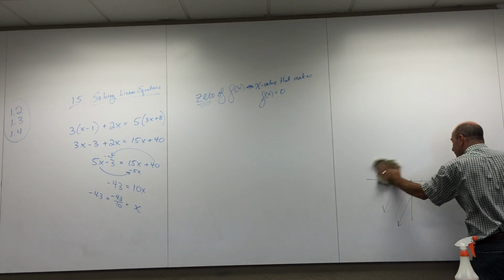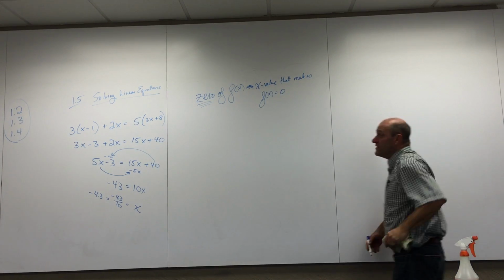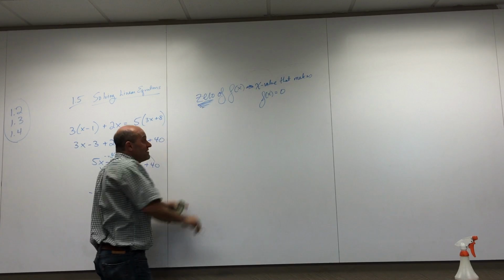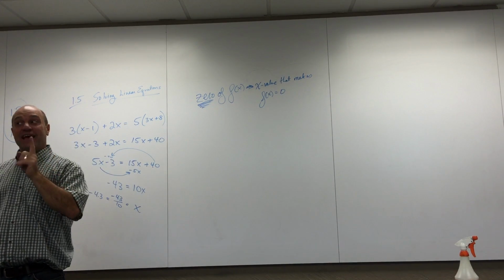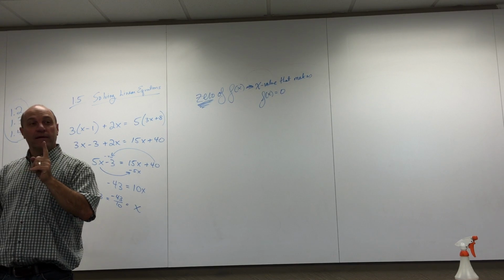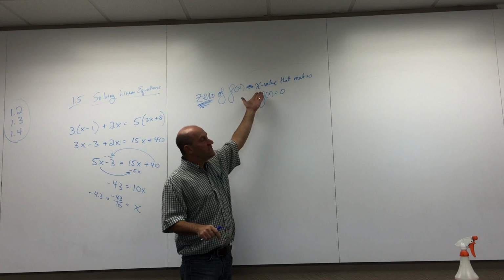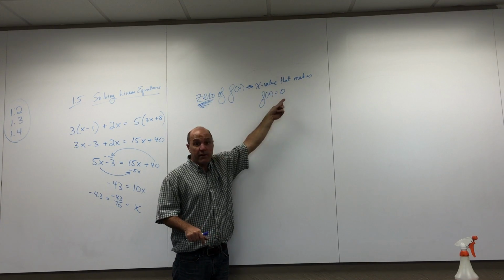Can you think of another name for that? The word is new, but is this something we might have done already? That's actually the X-Intercept. It's the x value that makes y equal to 0, right?